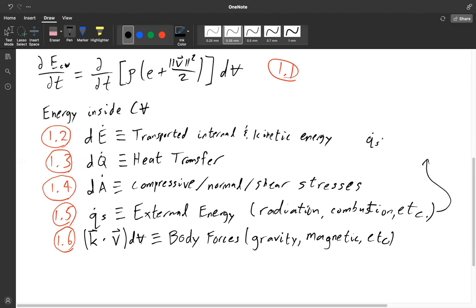Q dot S equals capital Q dot S per unit mass. So we'll say that here Q dot S equals rho, big Q dot S equals rho little q dot S dV.